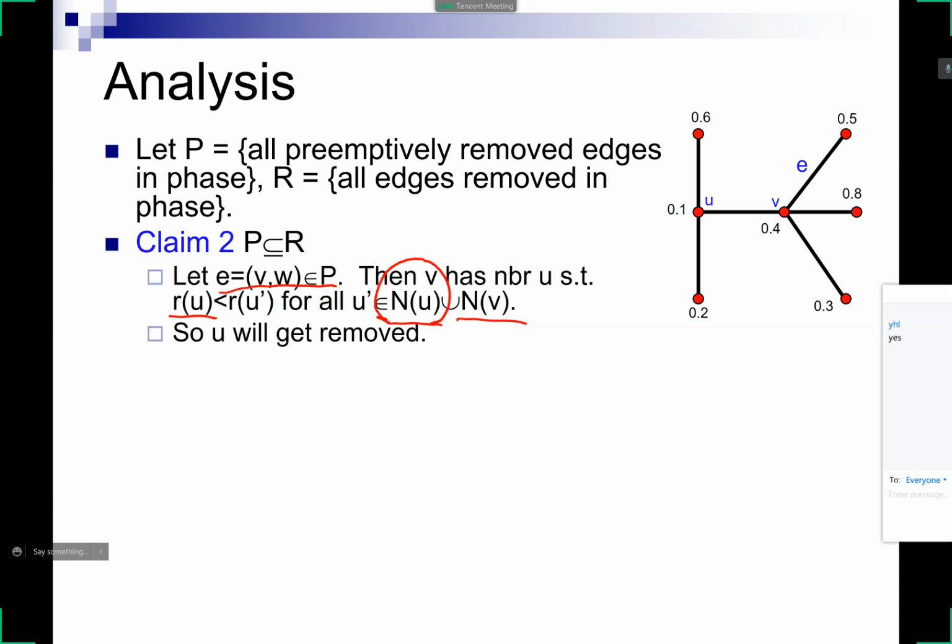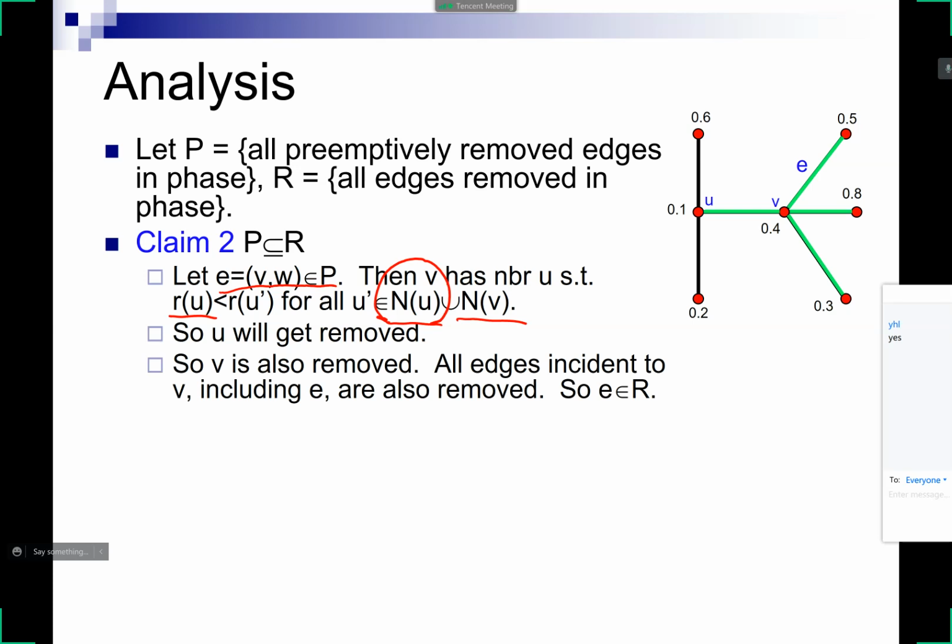So U will get removed in this phase. And then when U gets removed, V is also removed. And all of the edges which are incident to V, including this VW edge itself, get removed in this round. Therefore this preemptively removed edge is actually removed within this round. So that's claim 2.